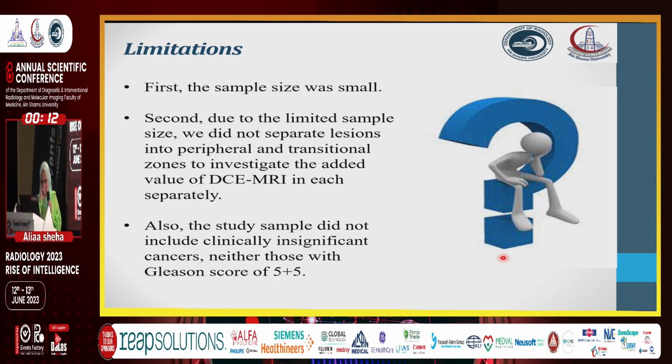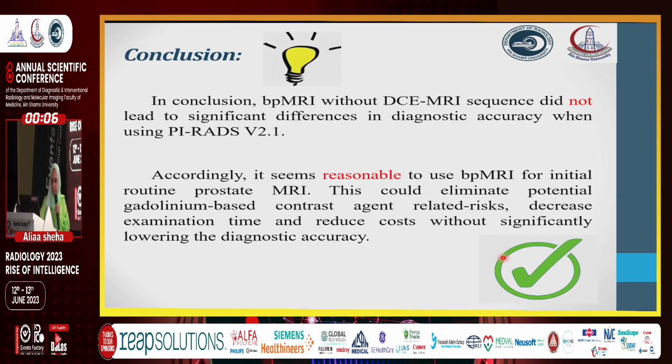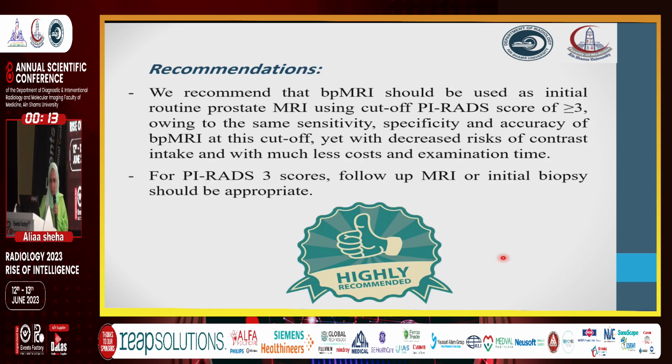The study had limitations: the limited sample size, and no clinically insignificant cancers were included. To conclude, the biparametric without dynamic contrast did not lead to significant differences in diagnostic accuracy in our study, so this gives us a reasonable case to use biparametric MRI for routine prostate MRI and reduce the costs and the gadolinium-based agent-related risks.